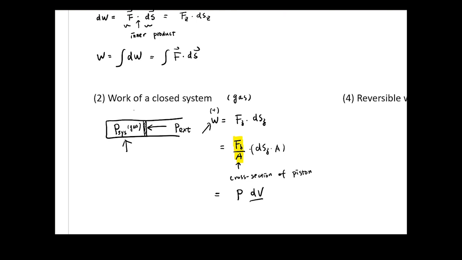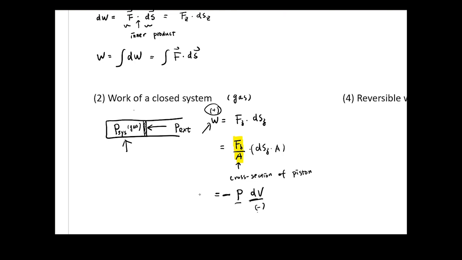Is it a positive or negative value? Negative, right? Because eventually the volume becomes smaller. So pressure is always positive, your dV is negative, therefore to match the sign, we need to put a negative sign in the front, so that the term on the right will be positive.